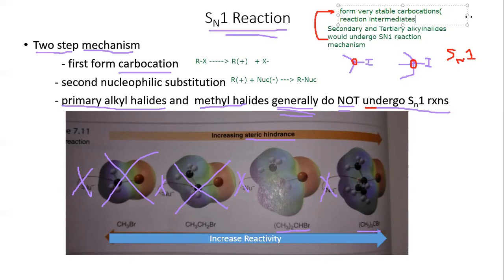So since they form very stable carbocations, they can undergo SN1 reactions. So the more substituted your alkyl halide is, the more reactive it's going to be. So a tertiary alkyl halide would be more reactive than a secondary alkyl halide.